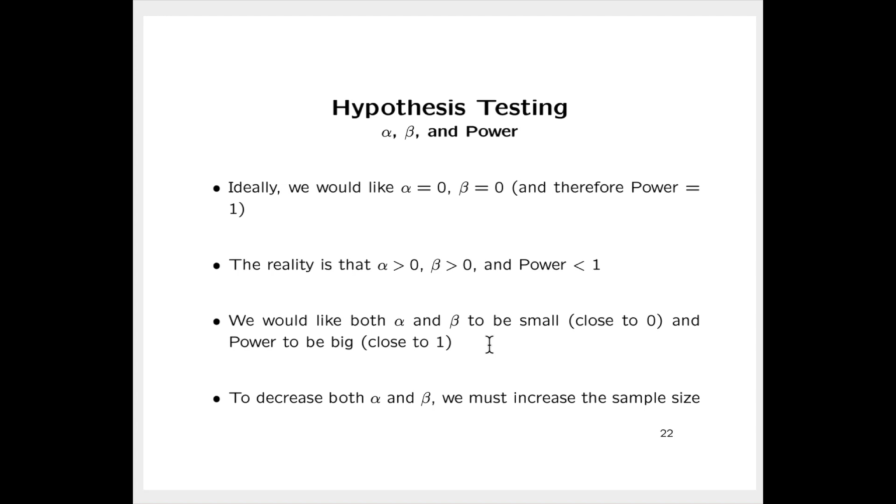So, for a fixed sample size, we can't have our cake and eat it too. We can't have both alpha and beta being close to 0. In order to decrease both alpha and beta, we have to increase the sample size. What that translates into is that we have to get more information from the population. And so that's how we can make both alpha and beta small.